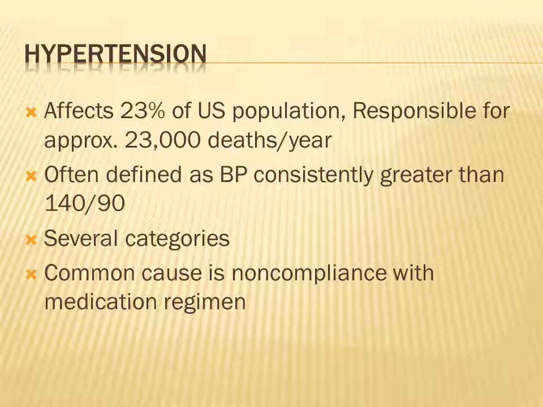So we are still not cutting down on the levels of hypertension that's occurring in the United States. And as our obesity epidemic continues to worsen, I think we will also continue to have greater increases in this disease.